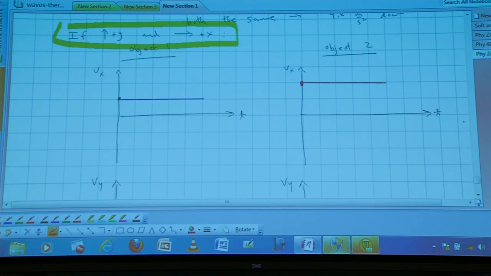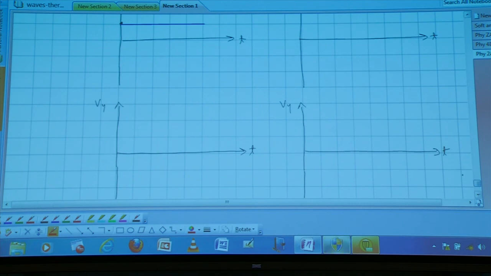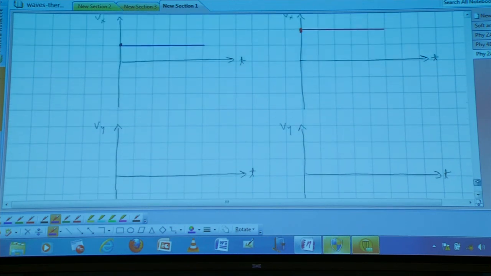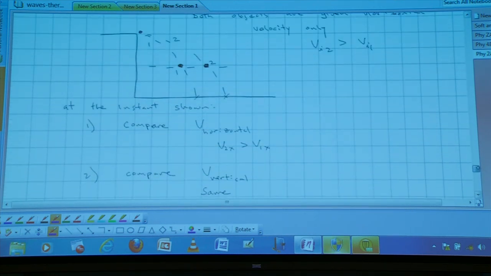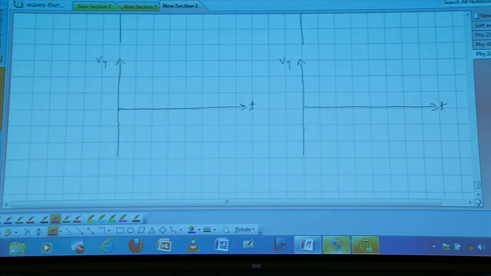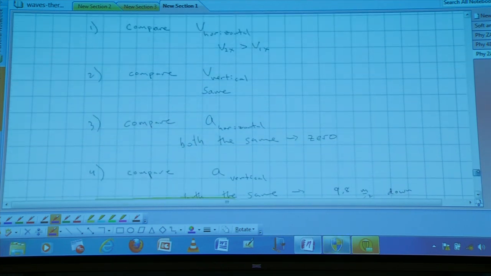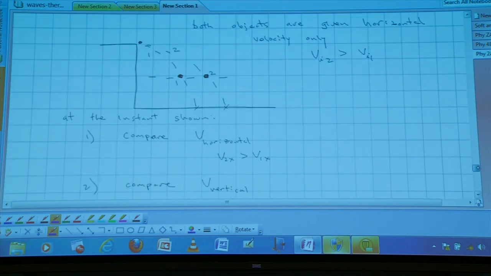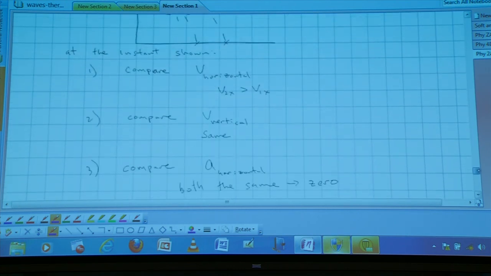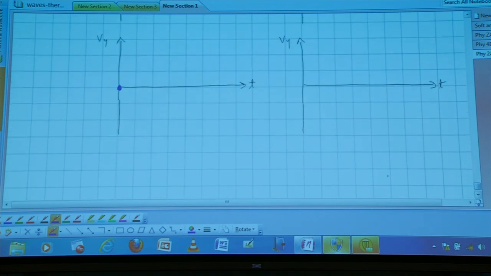Okay, how about for the y velocities? What's the initial y velocity for object 1? 0. And it's increasing. It's going faster and faster in the negative direction, right? So that means it's going to end up down here somewhere.